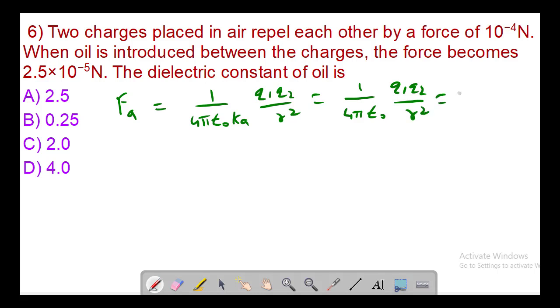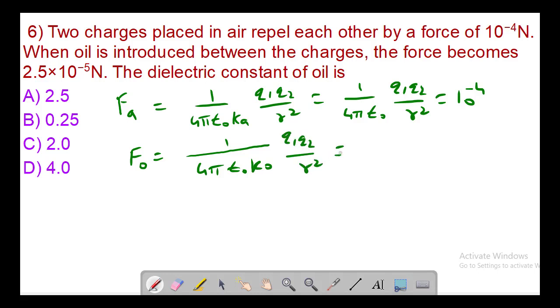But this is 10 to minus 4. Then for oil we write FO, which is 1 upon 4 pi epsilon 0 KO, where KO is the dielectric constant of oil, Q1 Q2 upon R square. So this remains as it is, and this is given as 2.5 times 10 raised to minus 5. Now this is equation 1, this is equation 2.